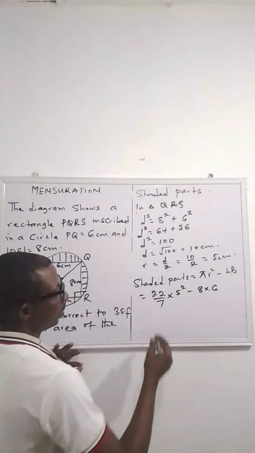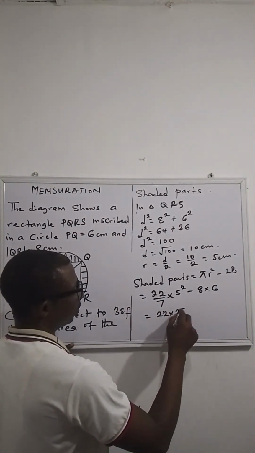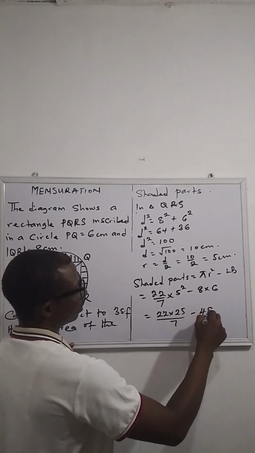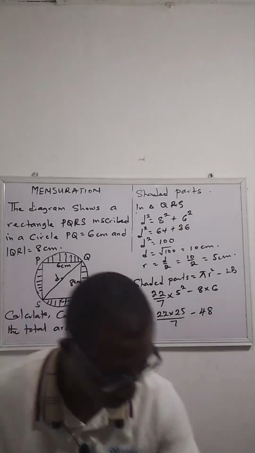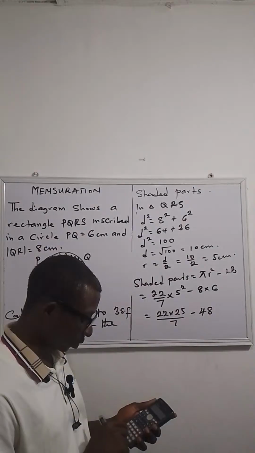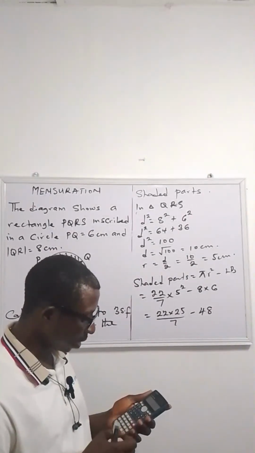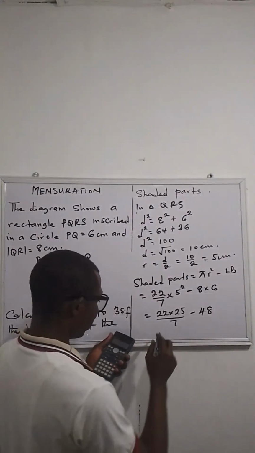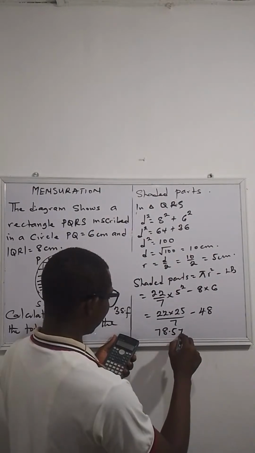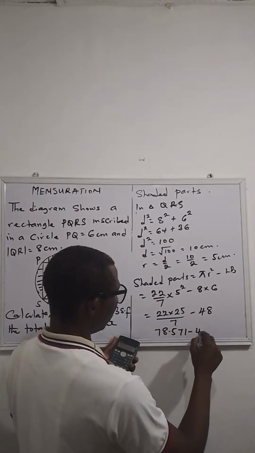So now you have 22 times 25 over 7 minus 48. Okay, so now can we evaluate this? We have 22 times 25 divided by 7. So what do we have? We have 78.57 minus 48.